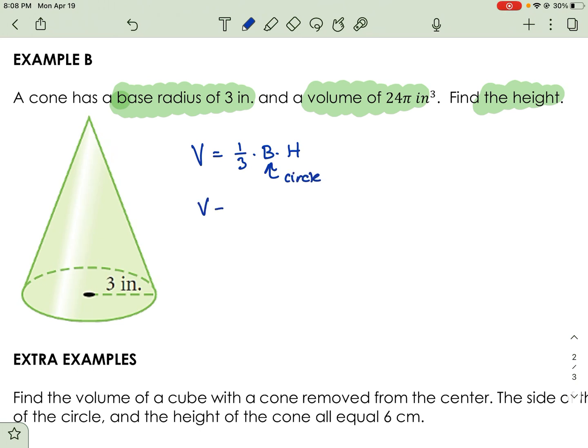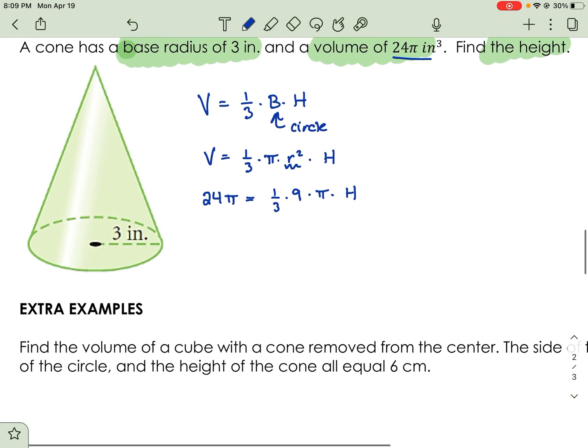So the volume of this cone is equal to 1/3 times pi times r squared times the height, and we're going to fill in what we know. We know the volume is 24 pi cubic inches, so we have 24 pi is equal to 1/3 times, the radius is 3, so we're going to have 3 squared, which is 9, times pi, and we're trying to find out what h is. 1/3 times 9 gives us 3, so we have 24 pi is equal to 3 pi times h.